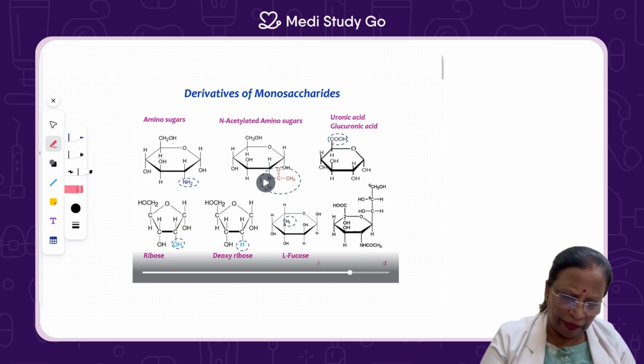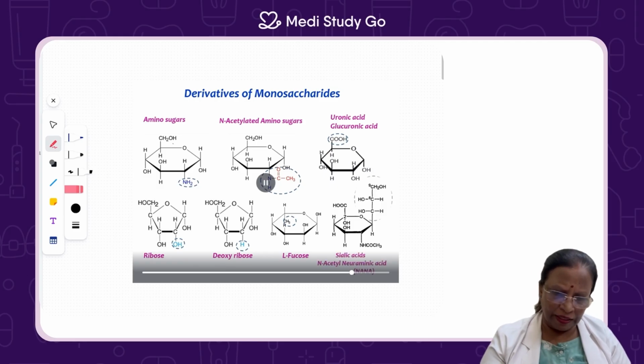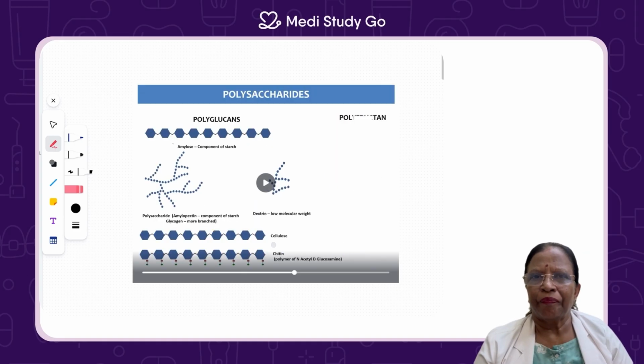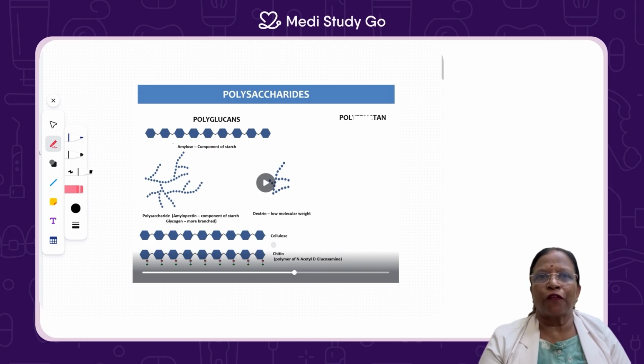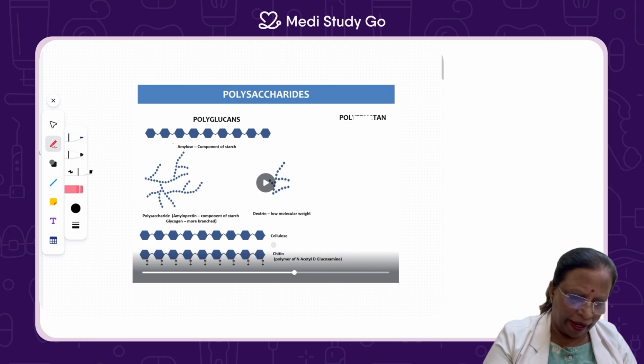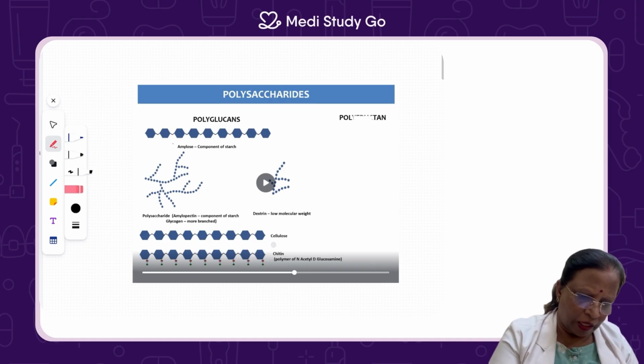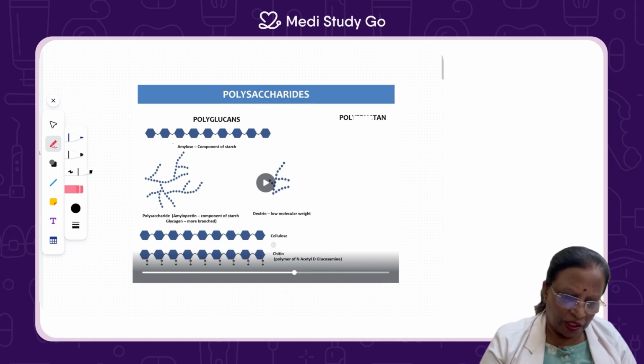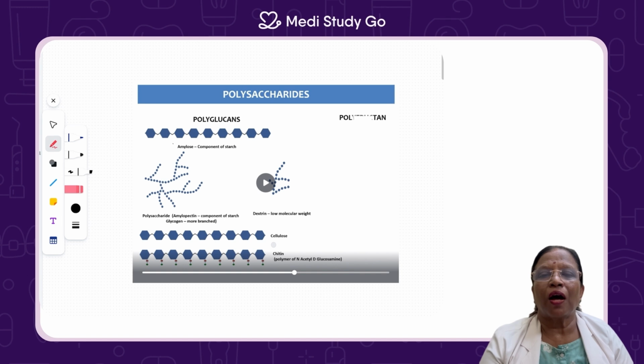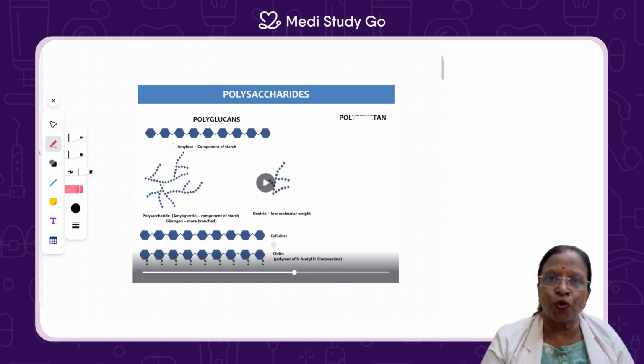Now, let us see the homopolysaccharides. As you can see here, this is the structure of a polyglucan, a single chain of glucose units linked by alpha 1,4 glycosidic bonds. So this is the structure of amylose. Amylose is a component of starch. Starch has two components.